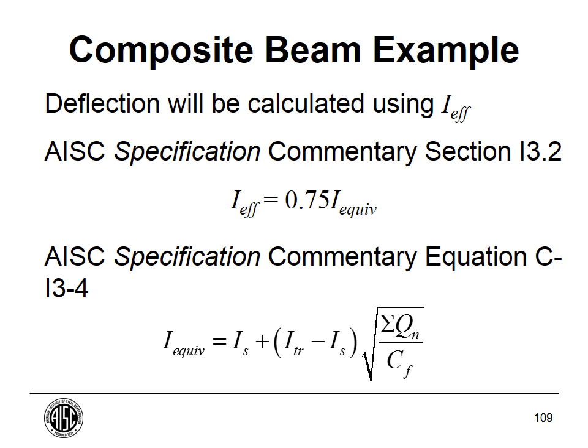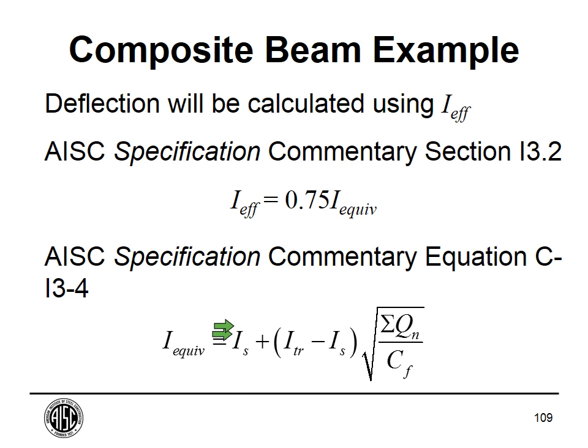So the way I decided to do it is by this I effective that's in the commentary. It's 75% of I equivalent. I said that sounds easy enough. So what in the world is I equivalent? Well, the commentary also gives you an equation for that, and it's a little bit more complicated, but we pretty much know most of the things in here.